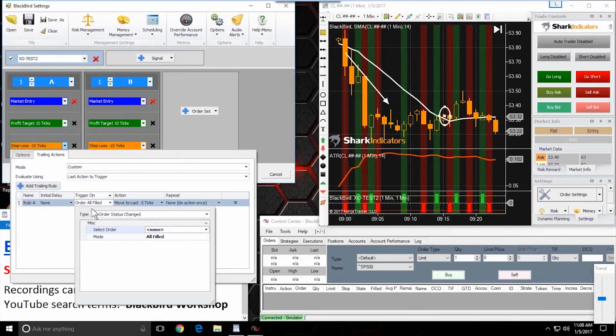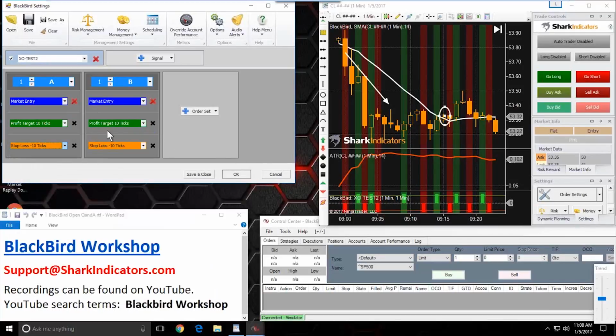And so if I go to my trigger on, now you can see I have a lot more orders to pick from. Say I could look at the profit target for B. Let's say this profit target here for order B gets hit. Then I could use that as a trigger for my stop loss.